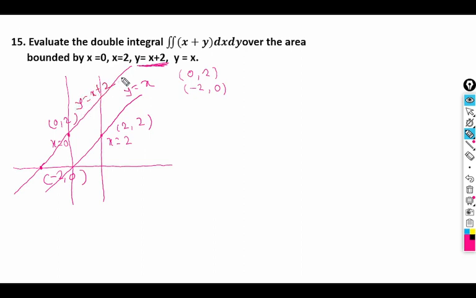Now we have a boundary x = 0, this line. We have a boundary y = x, and we have this boundary. So the region is just like a kite or diamond. This is the region of integration. In this region, we are going to take a vertical strip again.